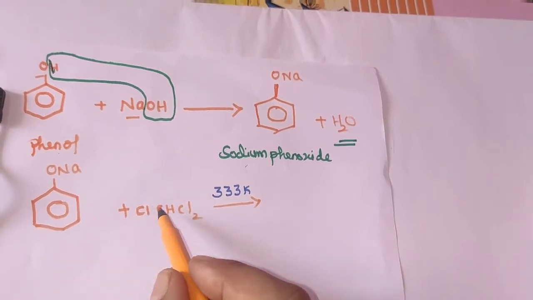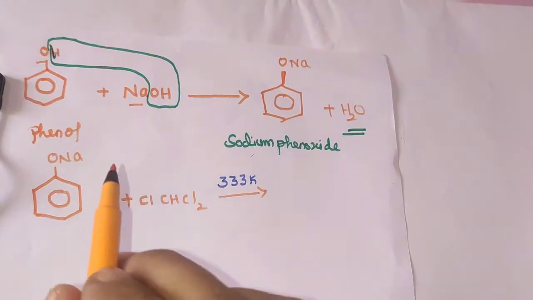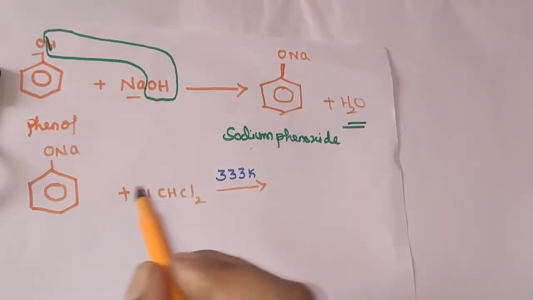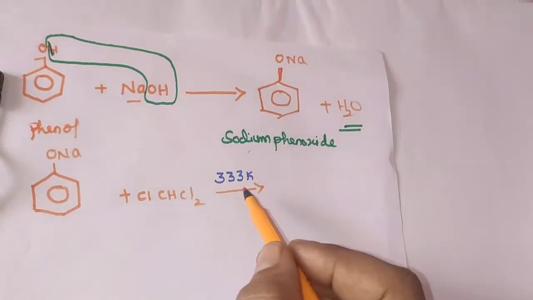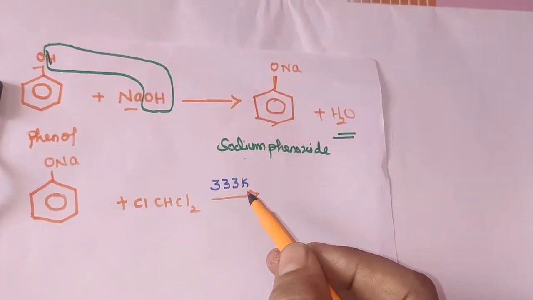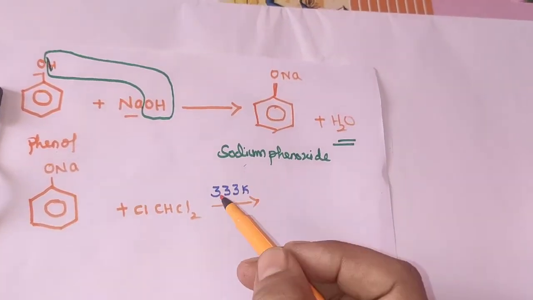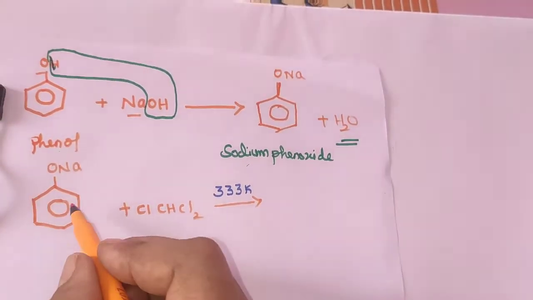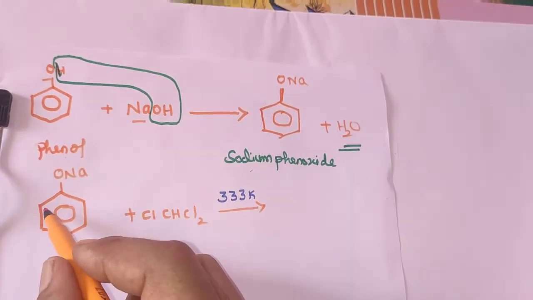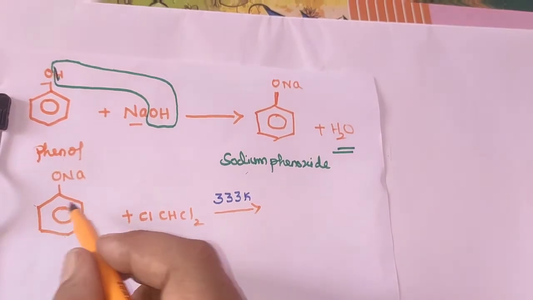Whenever the sodium phenoxide is treated with chloroform at the particular temperature of 333 Kelvin, what is eliminated and what is formed? We should understand that every carbon atom should have its hydrogen atoms here.